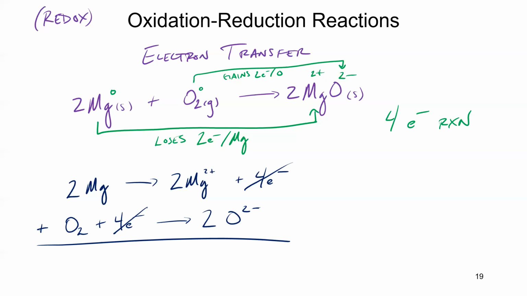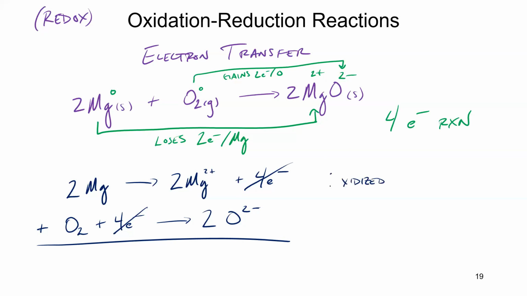Okay. The reason we call this oxidation reduction is because we're looking at what's happening to the charge of these atoms to ions. If we look at the magnesium, it increases in charge, and so we say that it is oxidized.